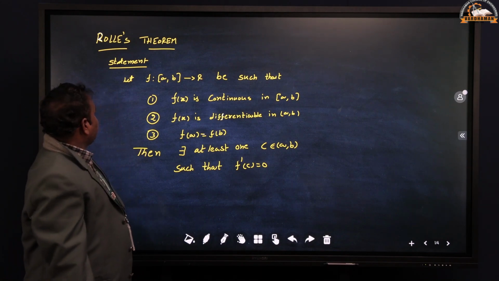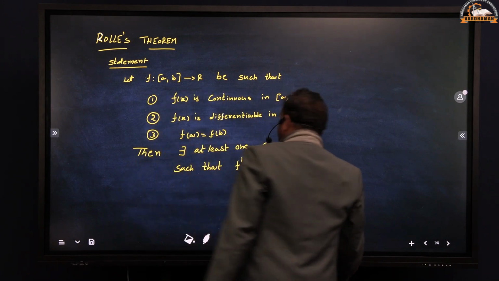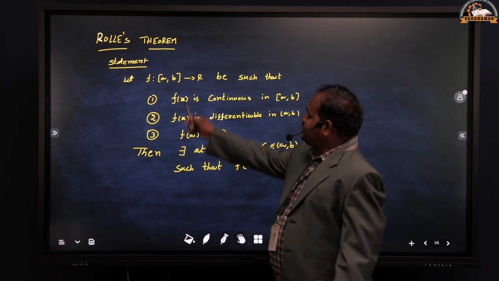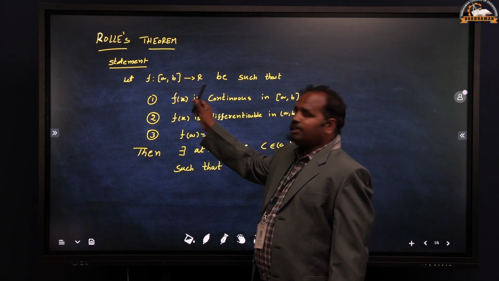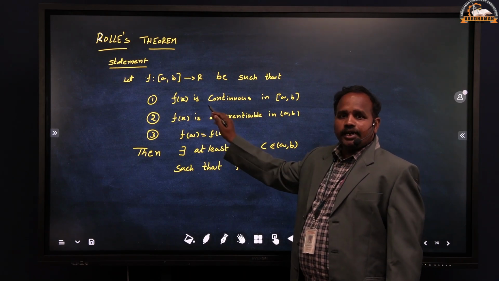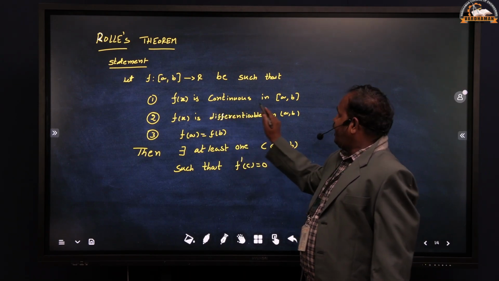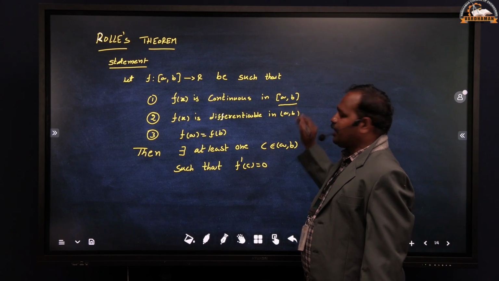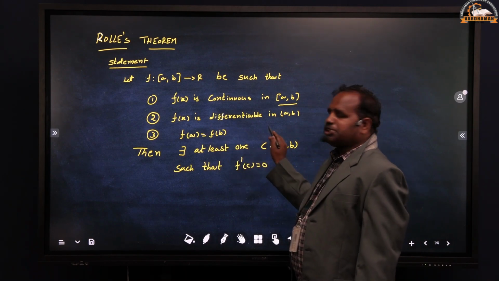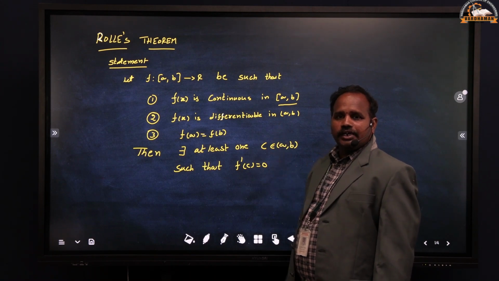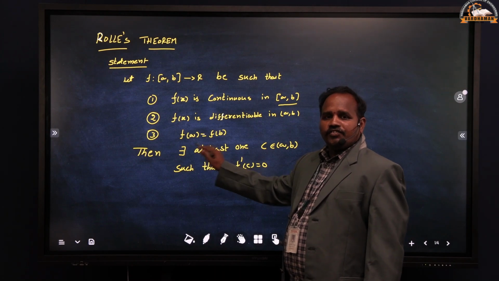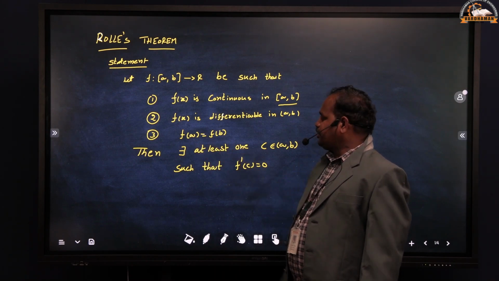Rolle's theorem statement is: let f from the closed interval [a, b] to R be such that, first, it is a continuous function in the closed interval [a, b], and second, it is differentiable in the open interval (a, b). Third, f(a) is equal to f(b).